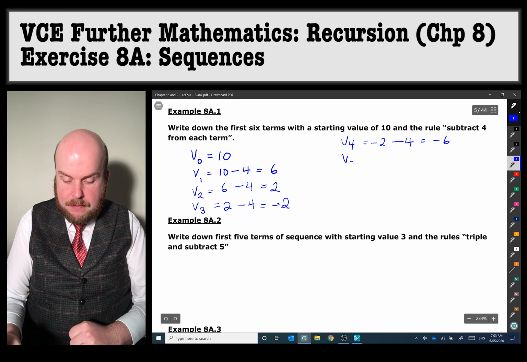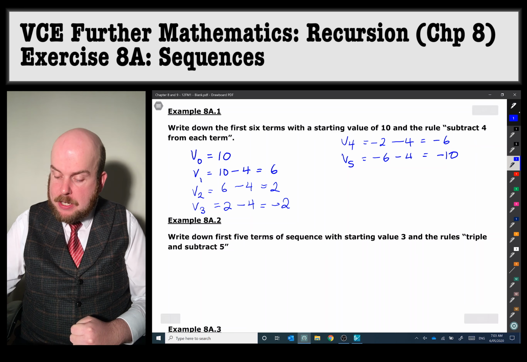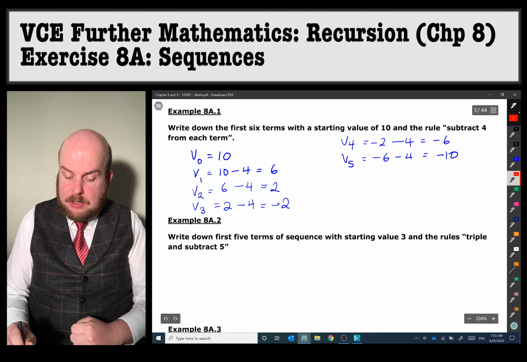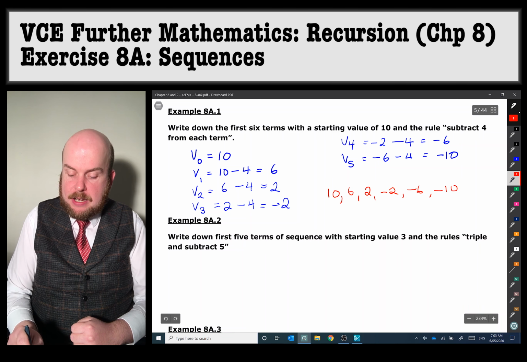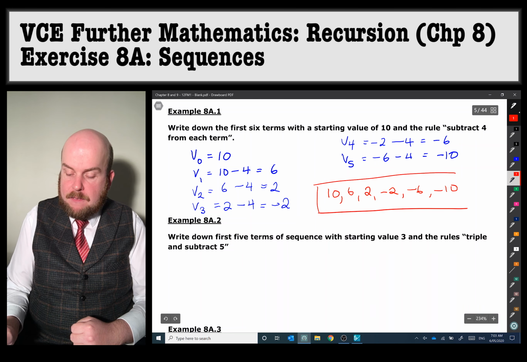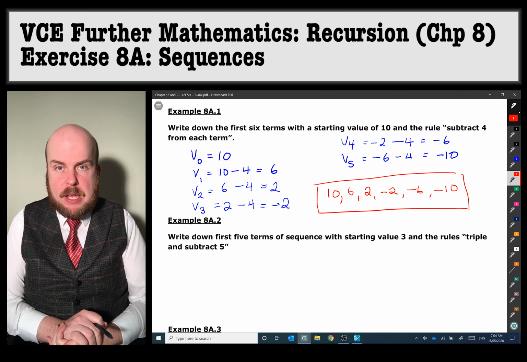And V5 here is going to be negative 6 minus 4, which is equal to negative 10. So that's our working out, but we just need to write it as a list. So we can just write the answer as 10, 6, 2, negative 2, negative 6, negative 10. And there are the first 6 terms of this sequence.